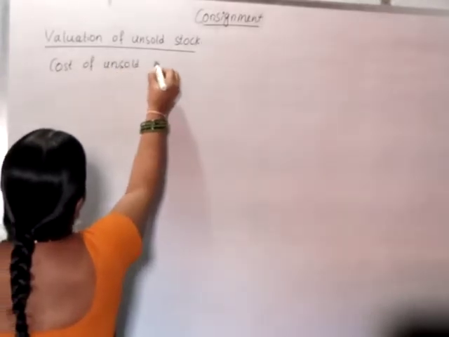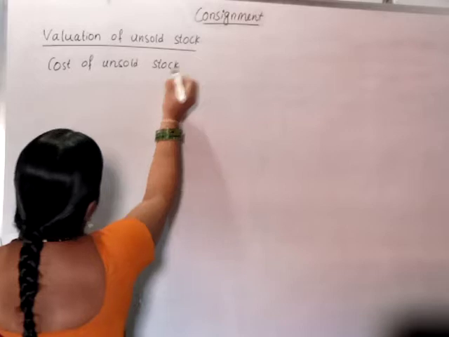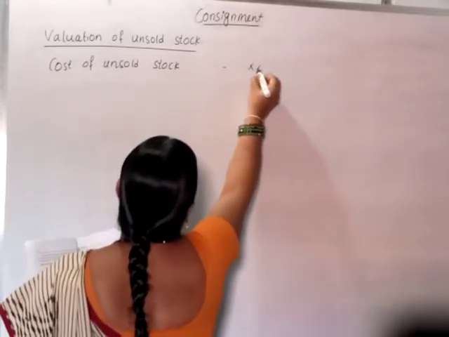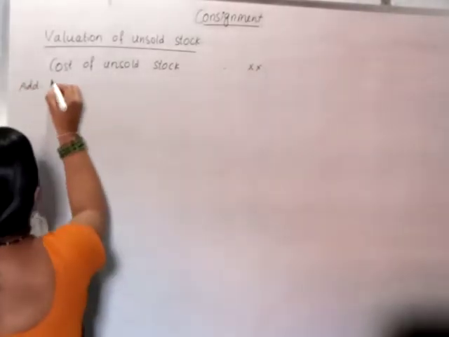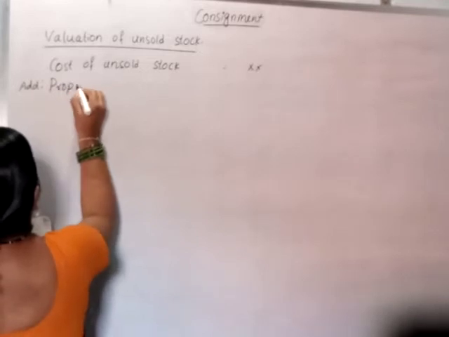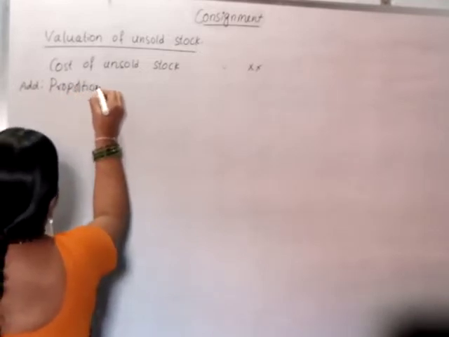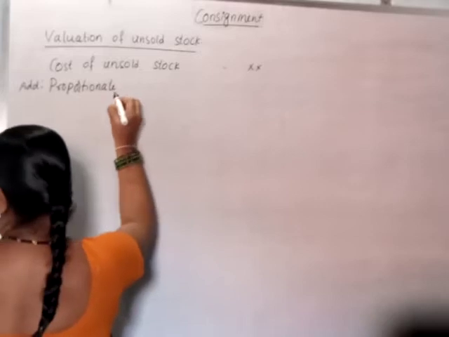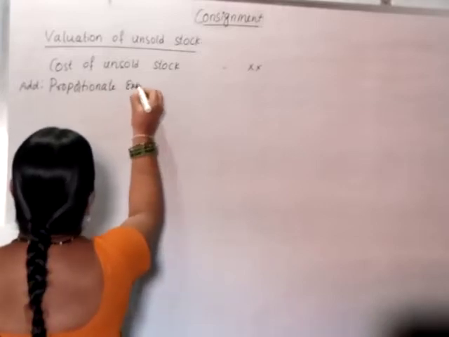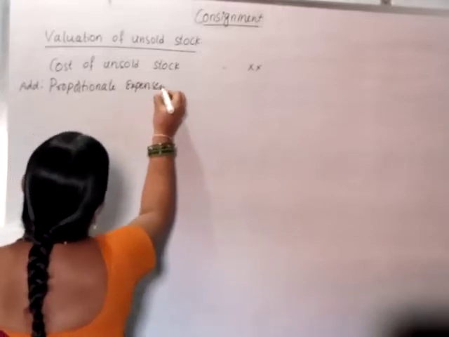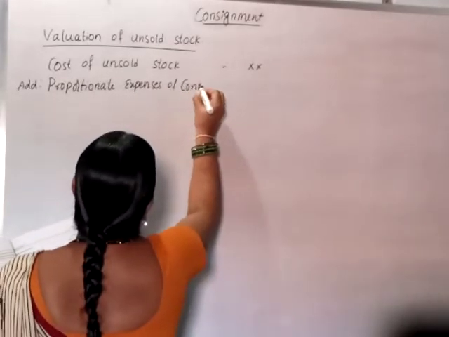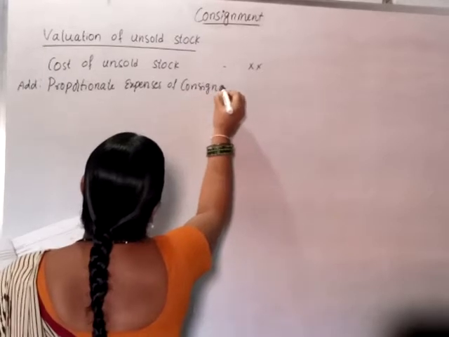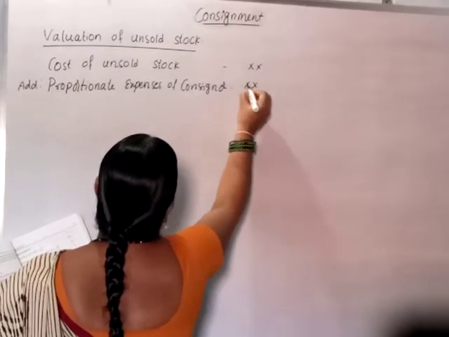To this we have to add the proportionate expenditure of the consignor.